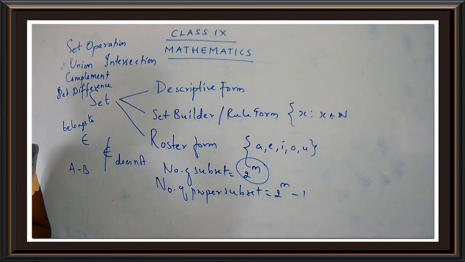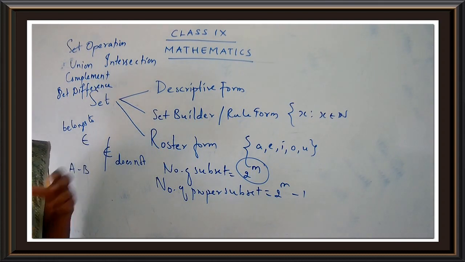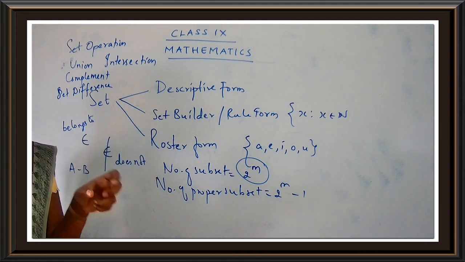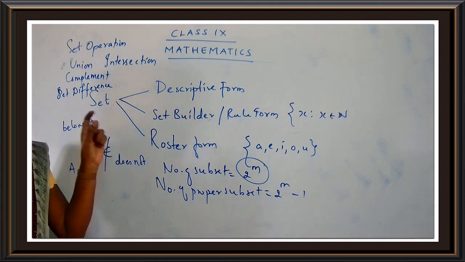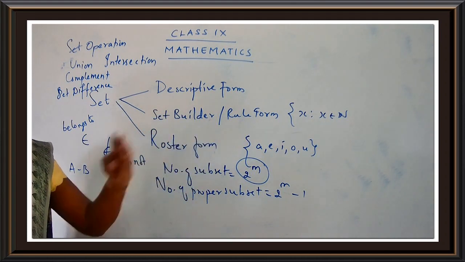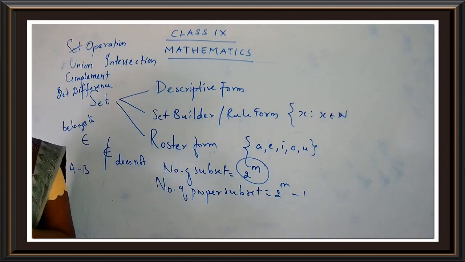That's why I say that you have to be thorough with the different properties, because sometimes instead of giving the property, they may just give the name of a property like De Morgan's. You have to verify De Morgan's law of complementation. So you people have to know the property first. If you know the property, you can write the property, and whatever is being needed there, you can prove it and get the answer. So this is very, very important to know all the properties.